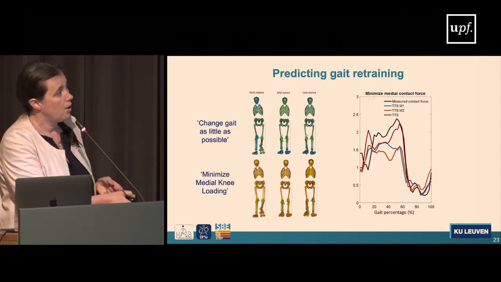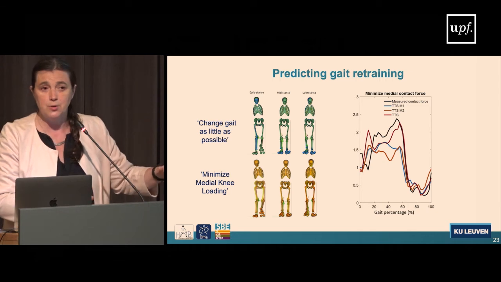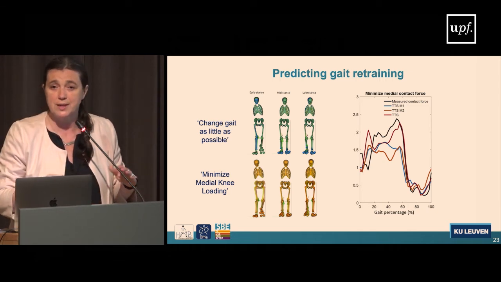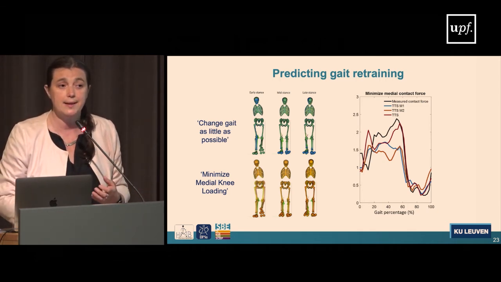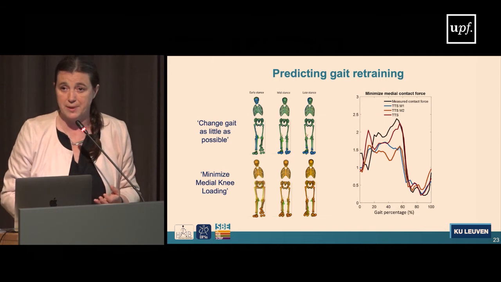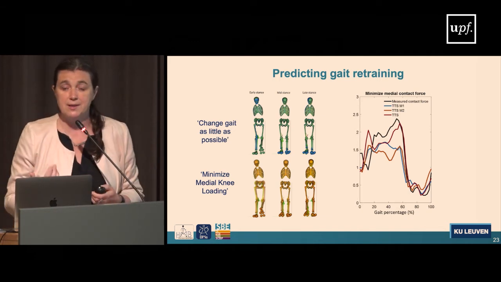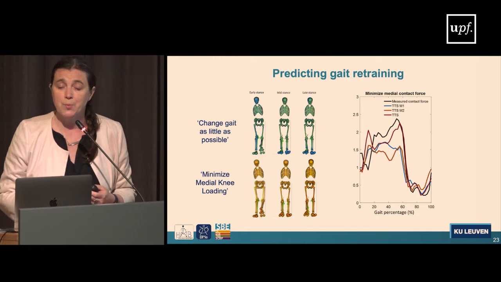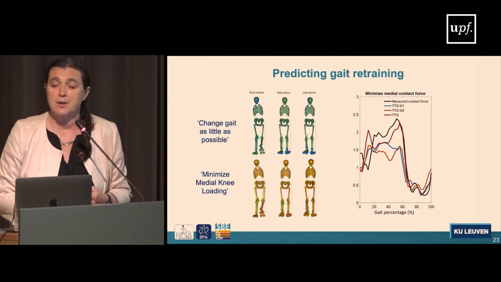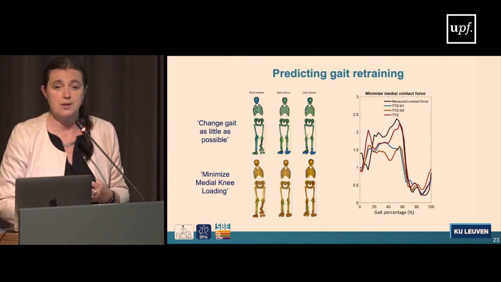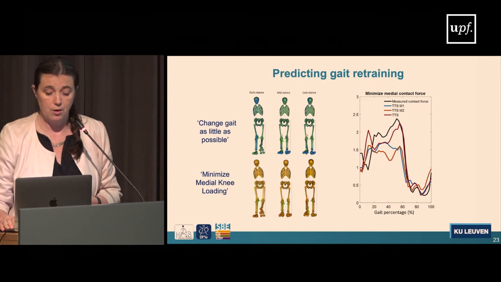Or we can say, just minimize the medial knee loading. I don't care whether the patient can do it, yes or no. What would be the ideal way of walking for this patient? So we are now trying to integrate this predictive simulation approach more and more to train physical therapists in having a better strategy to affect the loading of the knee joint.